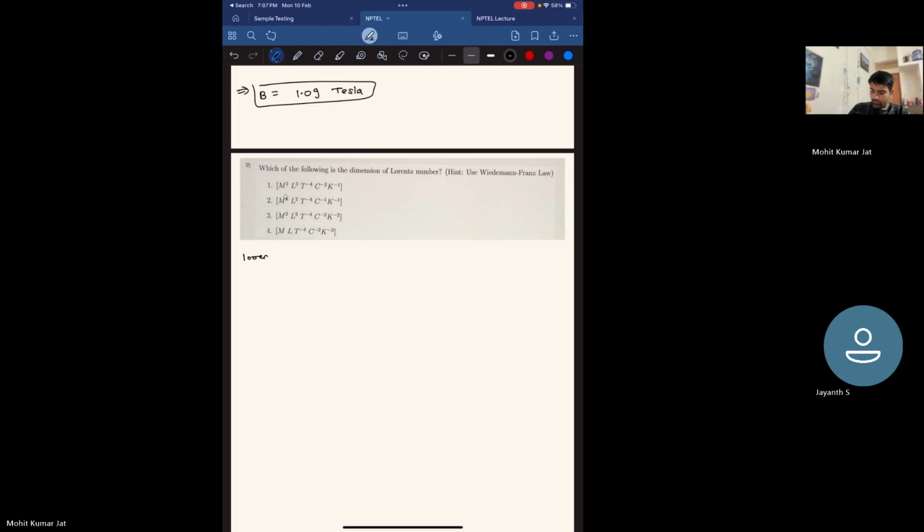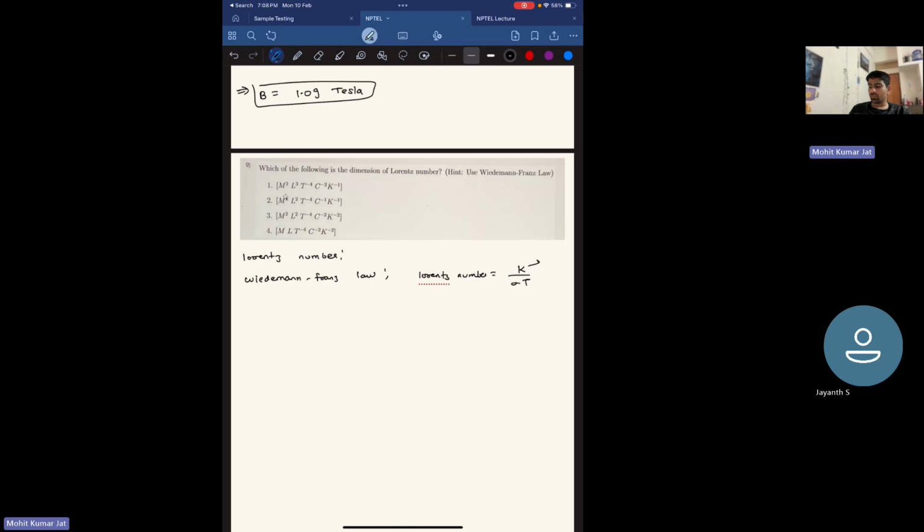Lorentz number. So we all know from Wiedemann-Franz law that Lorentz number is equal to K by sigma T. That's how it's been defined, right?